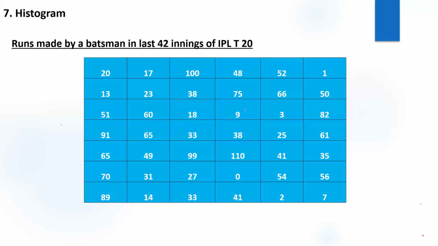So that is like bar chart. For example, in the first match, he scored 20 runs. In the second match, he scored 17 runs, like that. But normally when we look at this data, we don't understand anything because people like visual representation. I will again give one example in the next slide.